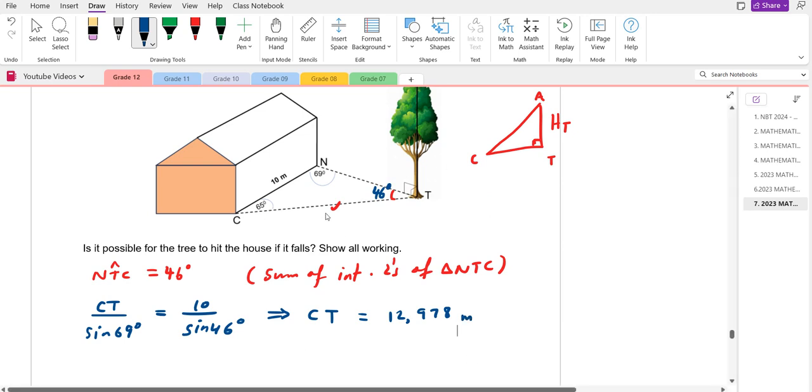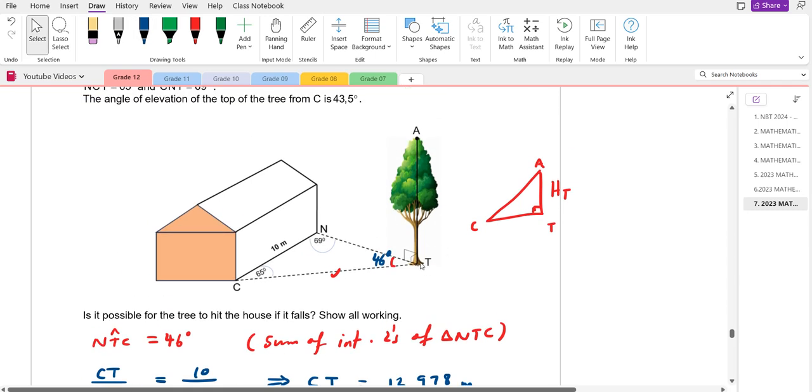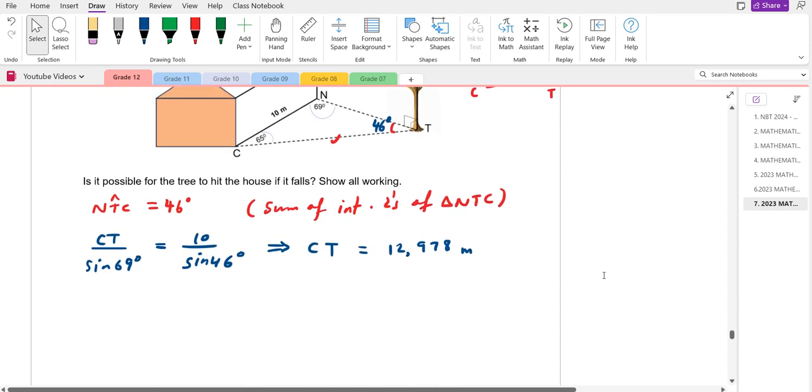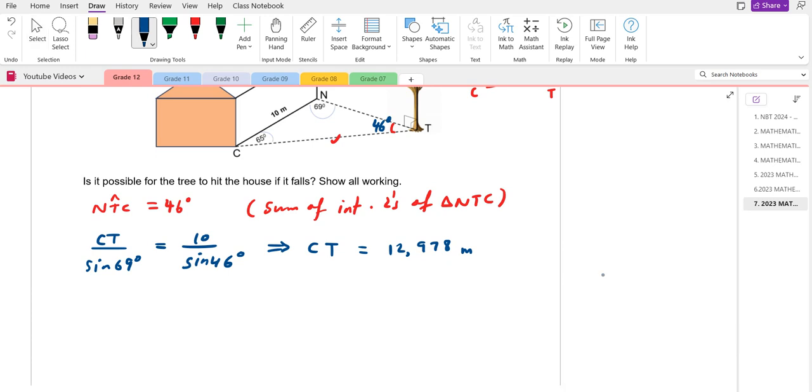Yes, 12,978 meters. What if the tree falls in this direction, NT? Let's calculate NT as well. So we're going to say NT over sine 65. Remember, we still need to calculate the height of the tree.